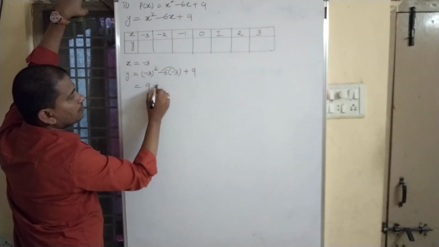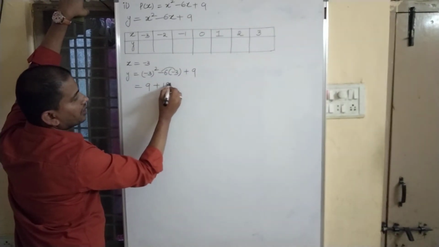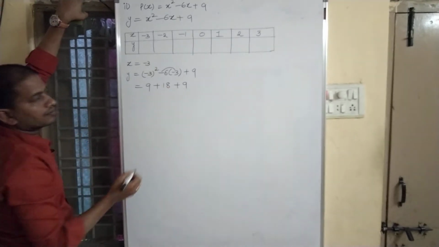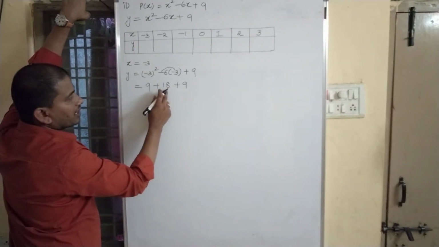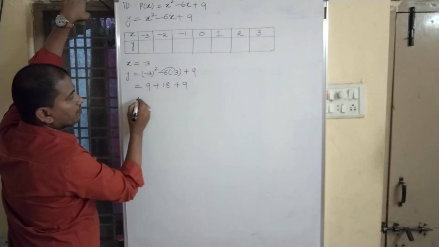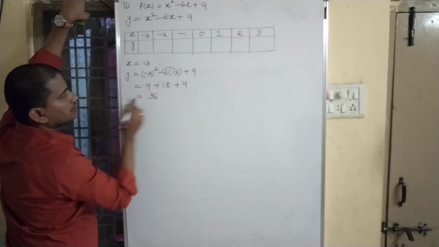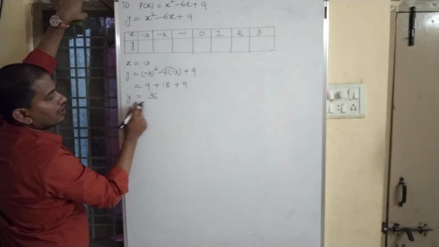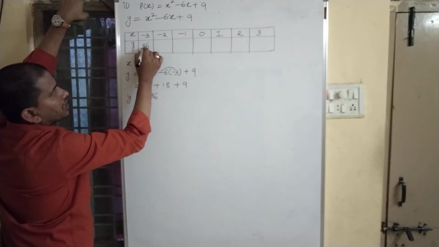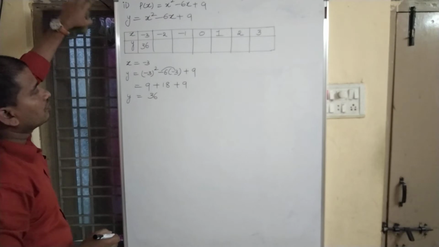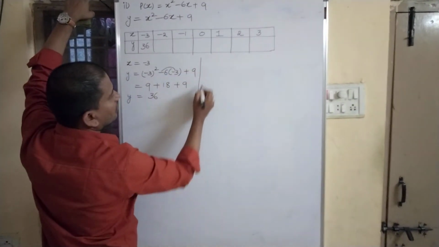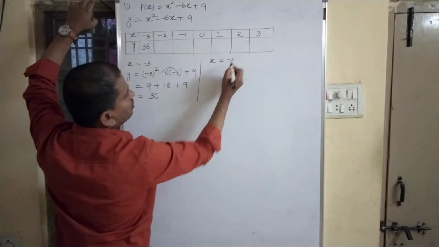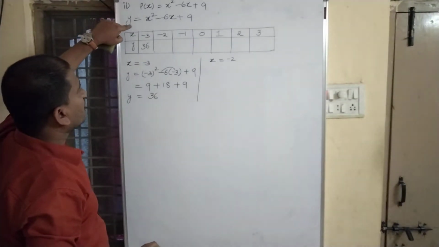Minus into minus plus, 6 3s are 18, plus 9. 9 plus 18, 27. 27 plus 9, 36. When x equal to minus 3, the y value is 36.